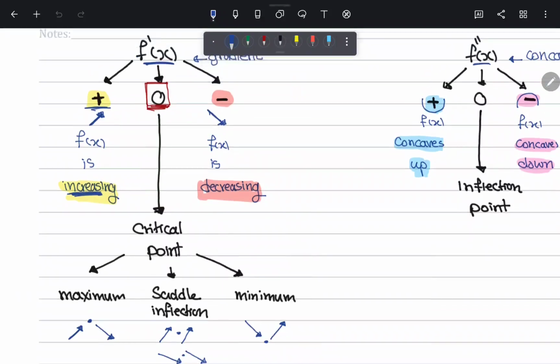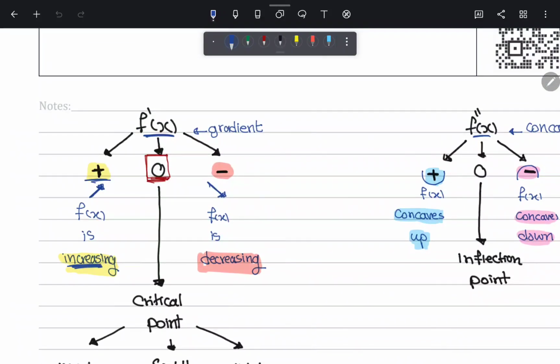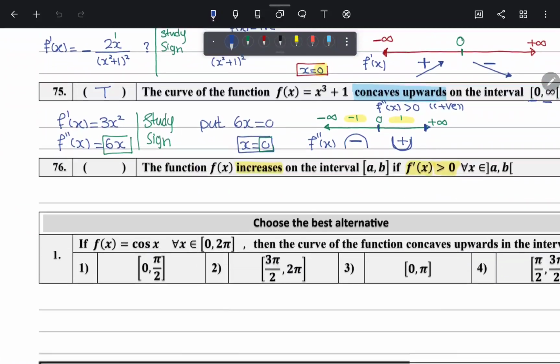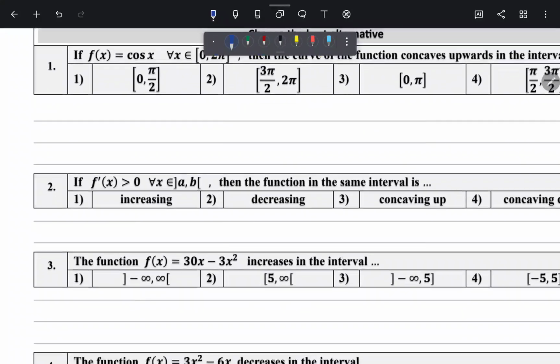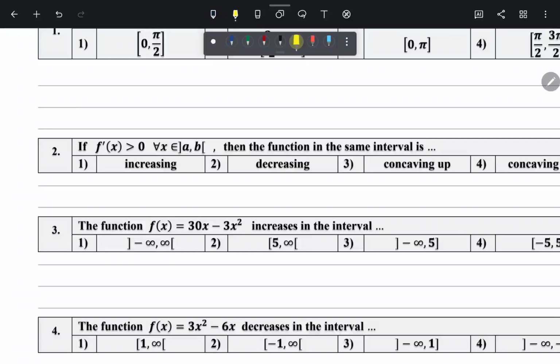When is it increasing? When the first derivative is positive. And more than 0 means positive, right? Yes. So is this true or false? True. Okay, I'll come back to this question in a bit. This is exactly the same question. If the first derivative is more than 0, then it's increasing.